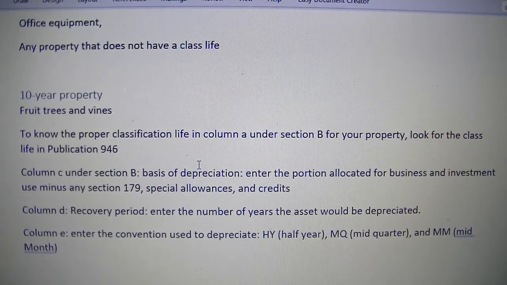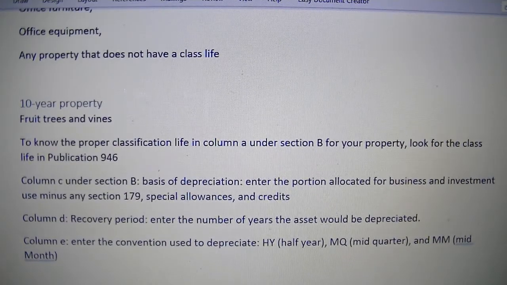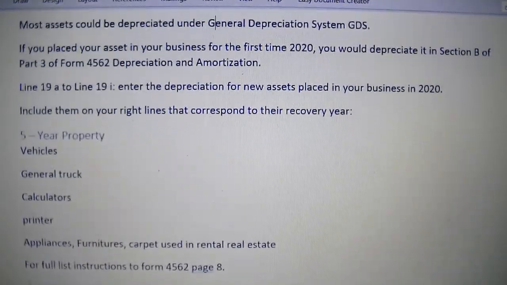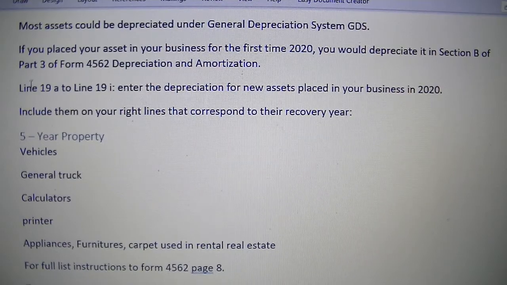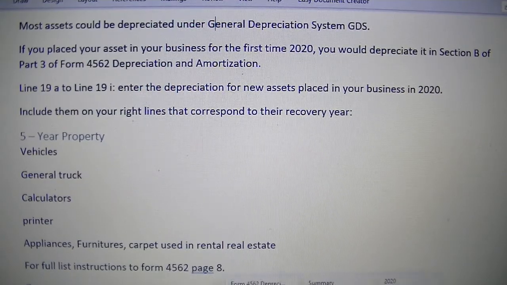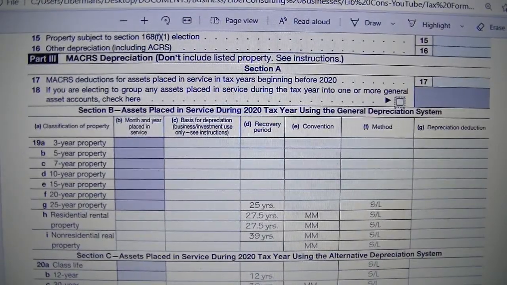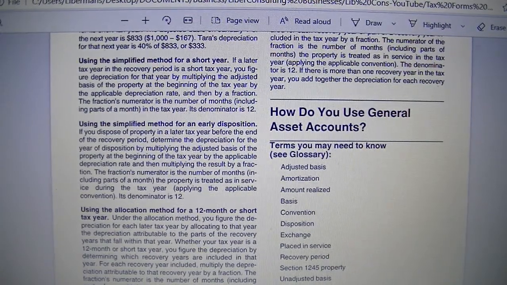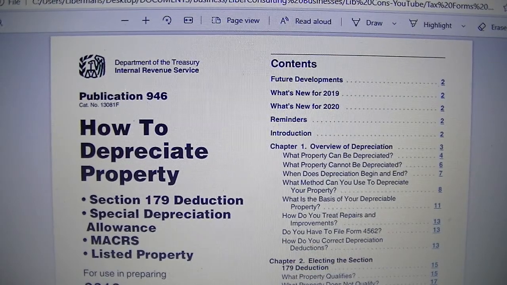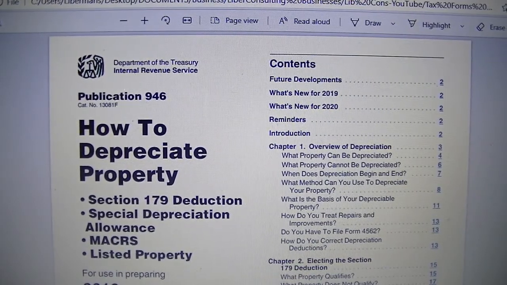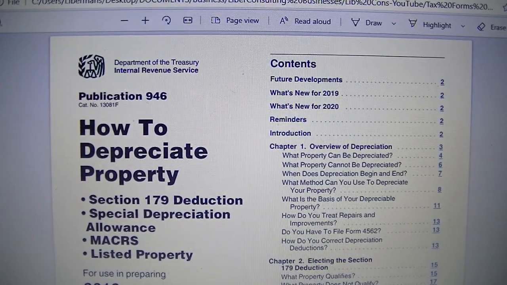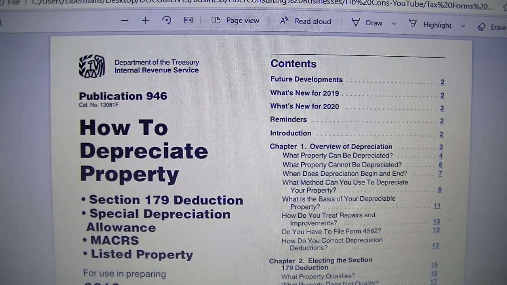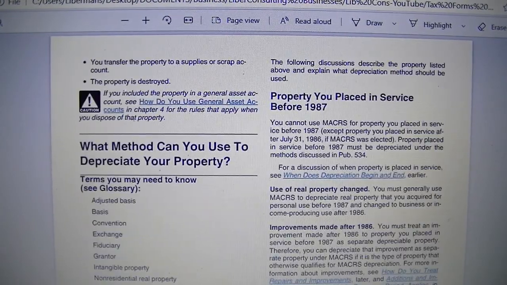We have the other columns, but first let's go deep into line 19A, column A, and we will do that by going to the publication, How to Depreciate Property, Publication 946, and we'll use the 2019 version. That's the most recent one out there at the moment.